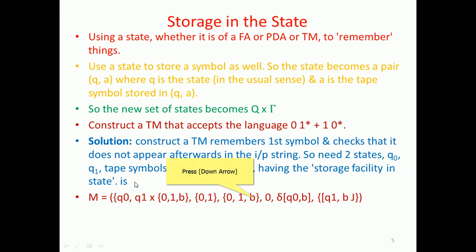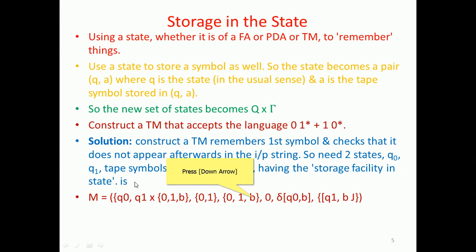M is the machine, and the set of states Q is q0 and q1, the possible finite number of states participating in the Turing machine diagram. And the tape symbols are 0, 1, B.